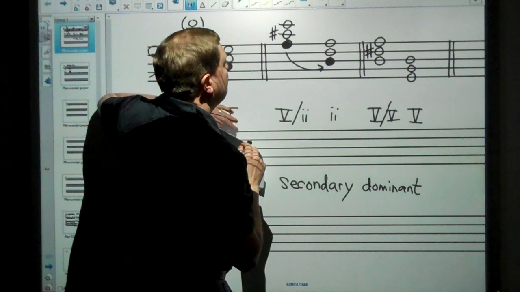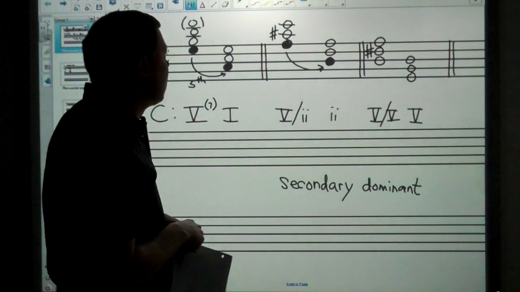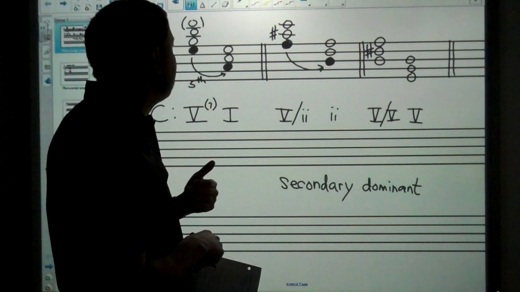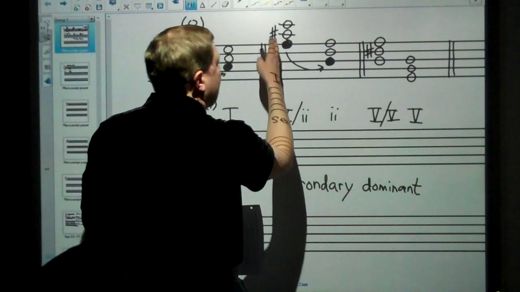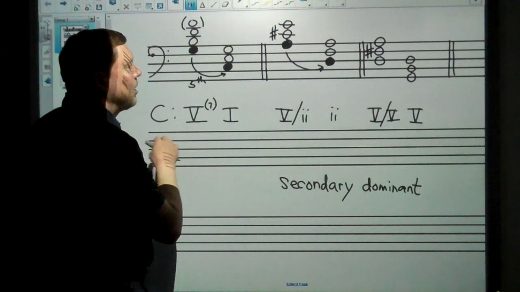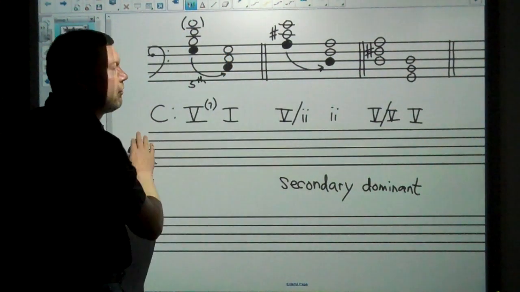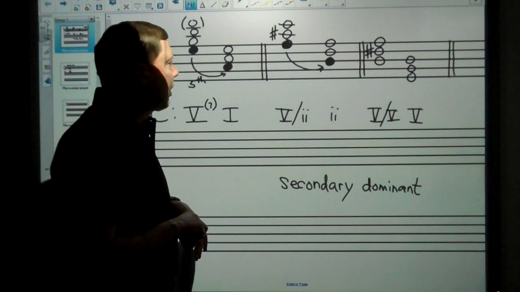tonic of this chord. But the whole thing about secondary chords, and especially secondary dominants, is that we have this dominant to tonic relationship, but it's occurring not in the key you would expect. It's occurring in a different key. Okay?